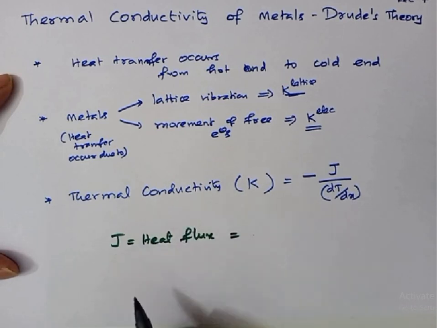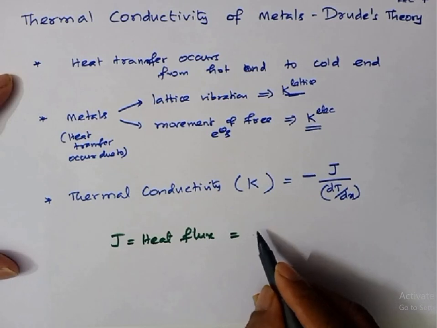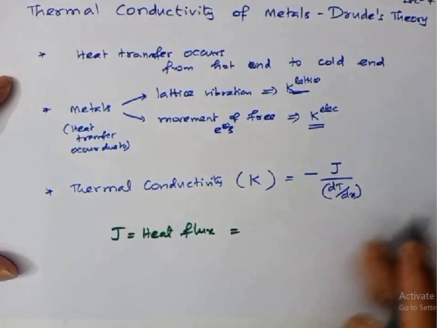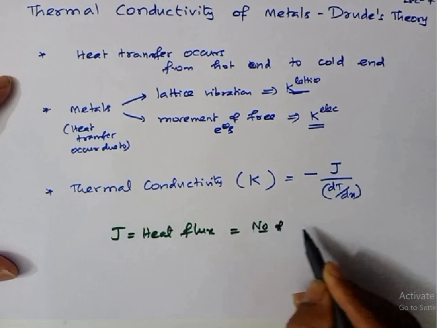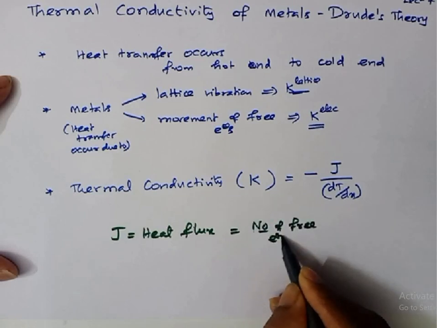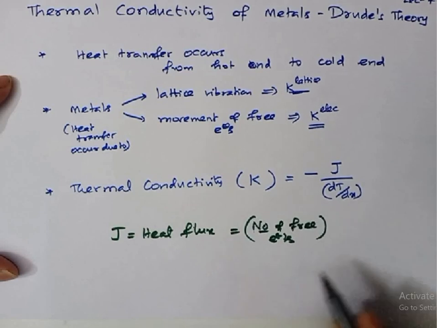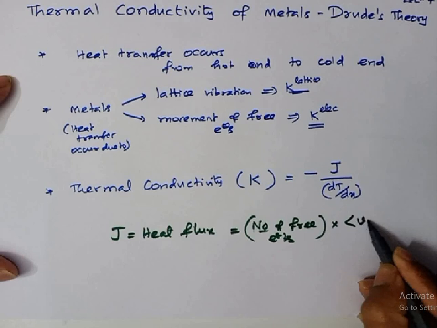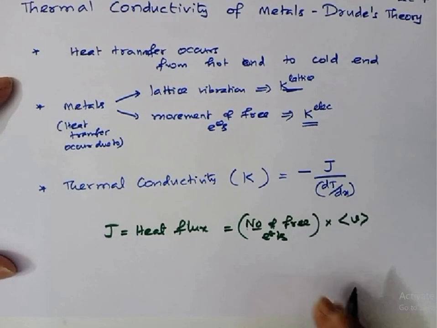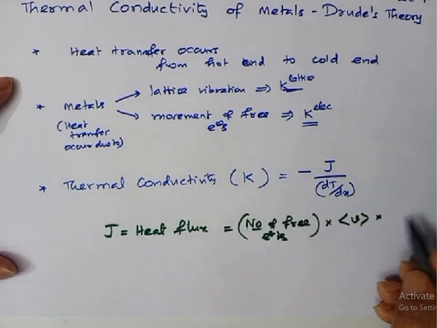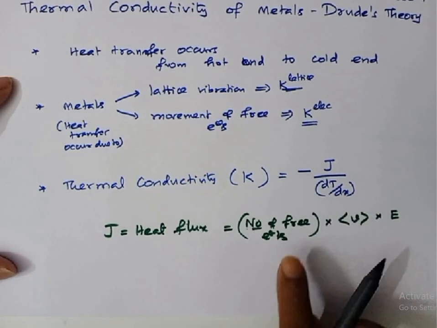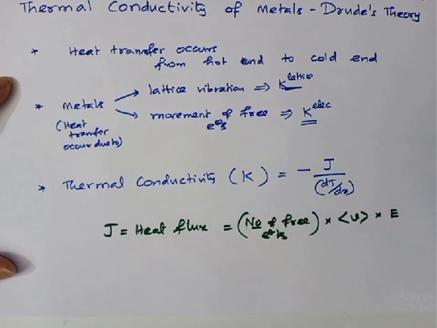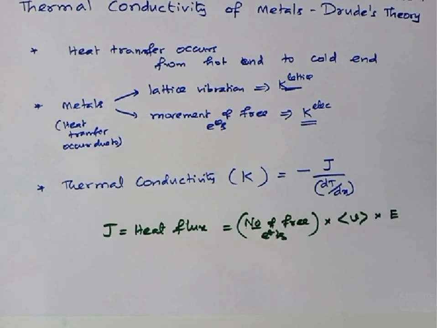You can calculate J by using the formula: number of conduction electrons that are actually moving, or number of free electrons, into the average velocity with which the electron is moving, into the energy possessed by the electron. Okay, if you multiply these three, you will get the heat flux. So based on these ideas, we are going to move further in this.